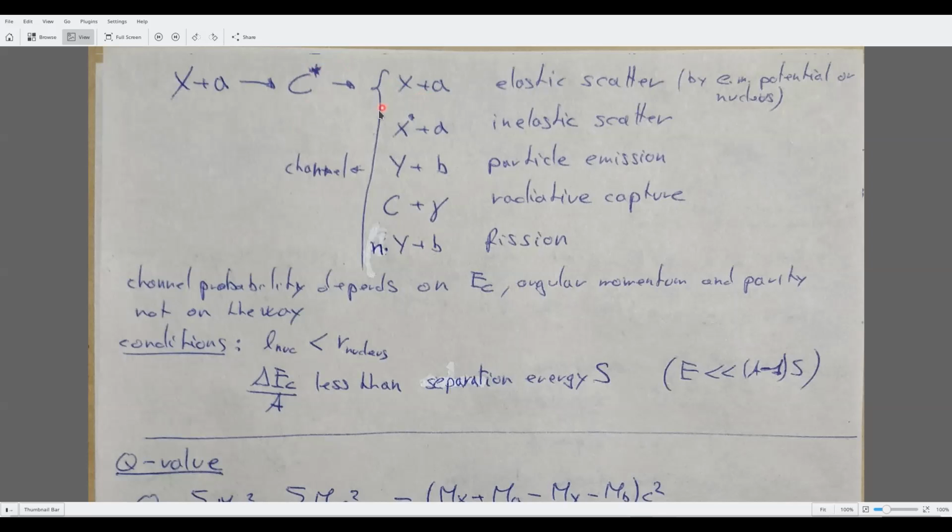And then we have the following result of the reaction: the decay of this excited nucleus in several channels. We can have the emission again of the projectile particle. That is just an elastic scattering.